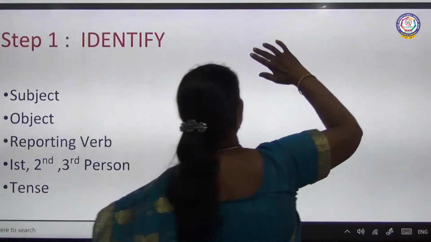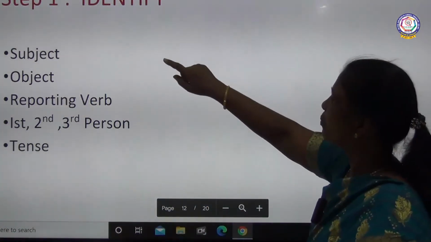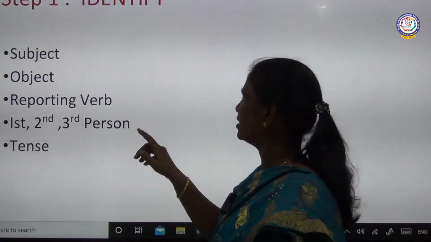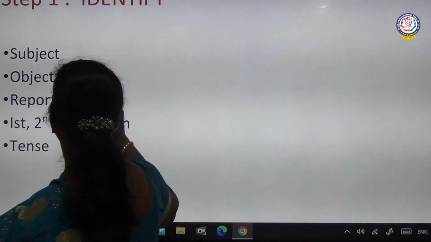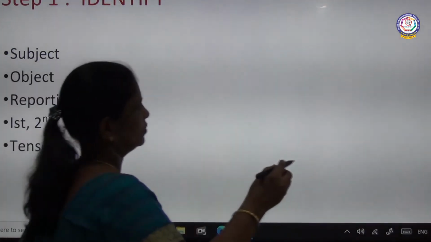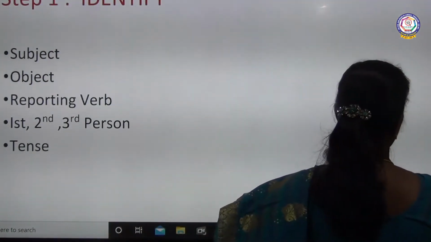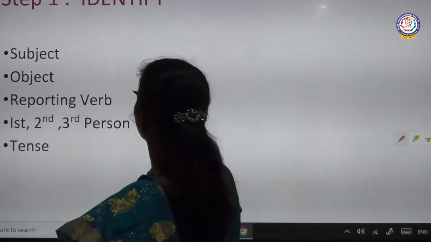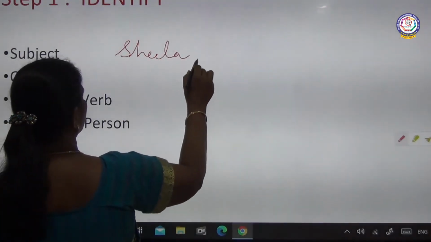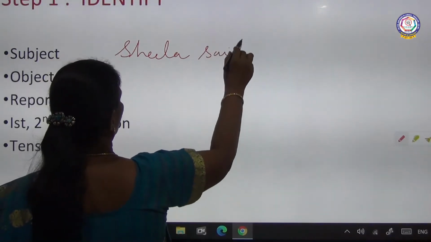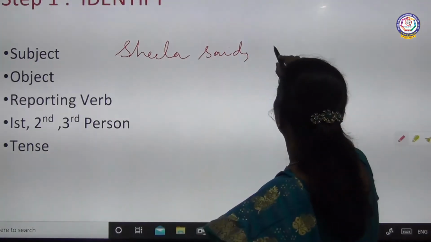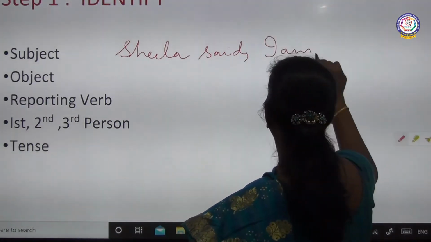Okay. Now I explained step 1: identify subject, object, reporting verb, first, second, third person, tense. So here you will be just looking at the example: Sheila said, "I am all right."